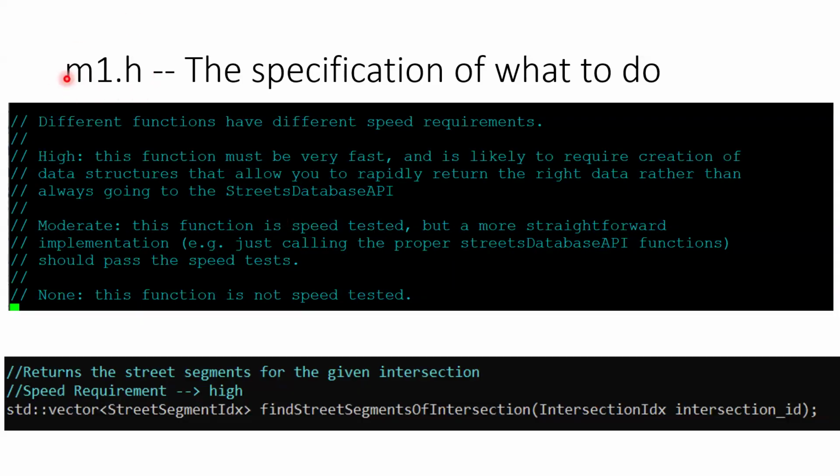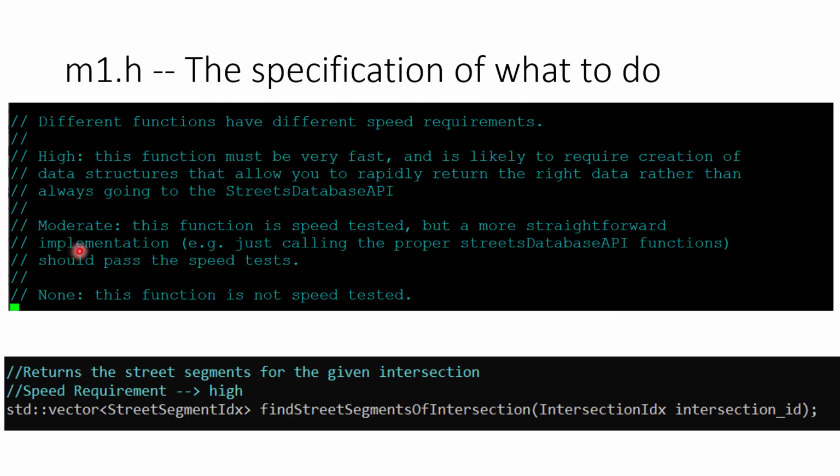In m1.h, in the comments, you should see the descriptions for the speed requirements. If it's a high speed requirement, this function must be very fast, and must be faster than just getting the data from the streets database API.